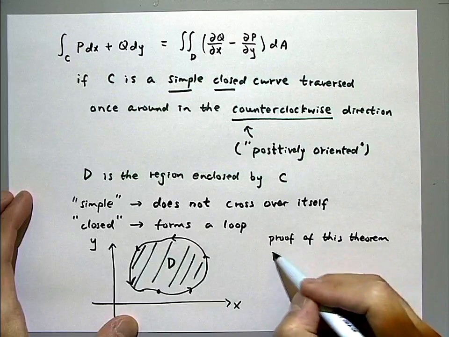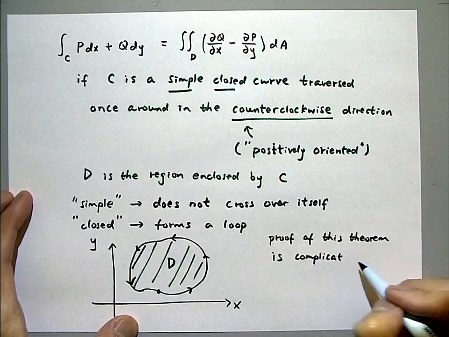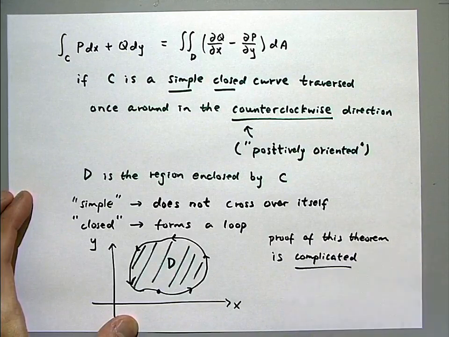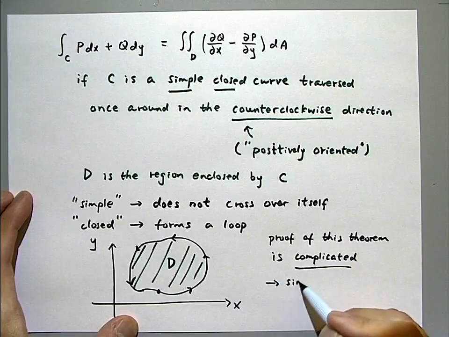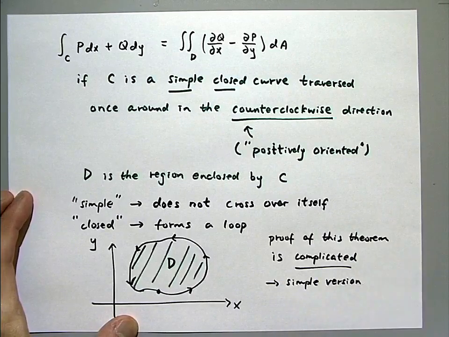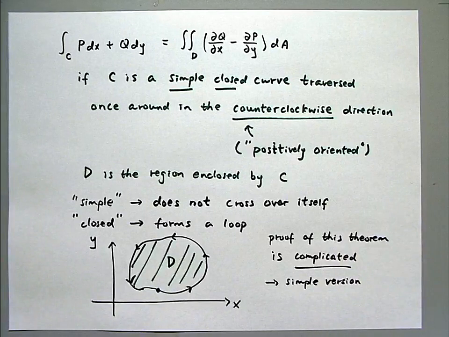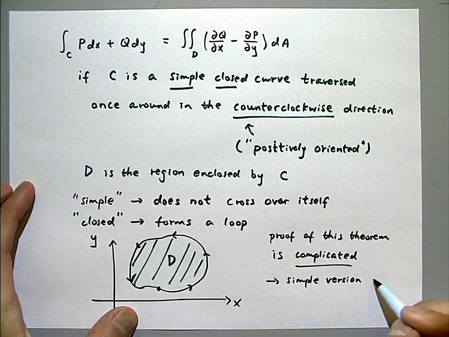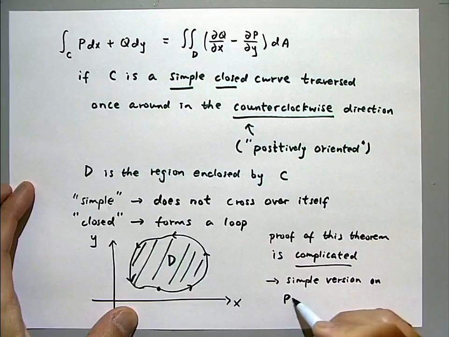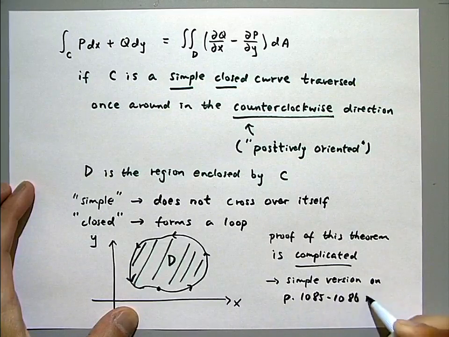Proof of this theorem is complicated, and that's really understating it. If you're interested in seeing a very simple version for a subset of the conditions, see pages 1085 to 1086 in the book.